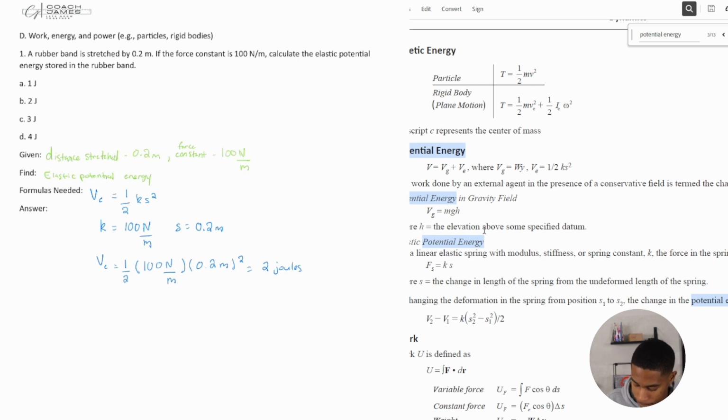All right. So really, it doesn't come out as joules. Let me put it in my calculator really quick: 0.5 times 100 times 0.2 squared.